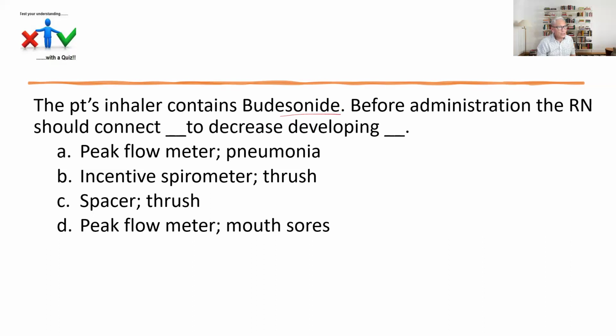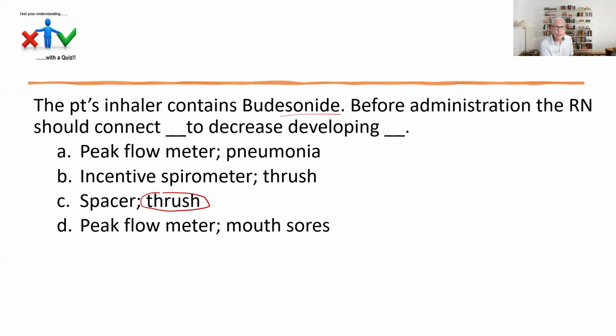And one such infection that can occur as a result of exposure to steroids is thrush. So thrush is going to be a correct response. And that underscores the importance that whenever you have an inhaler that contains a steroid, you must always ask the patient to spit and then rinse their mouth in order to prevent the development of thrush.